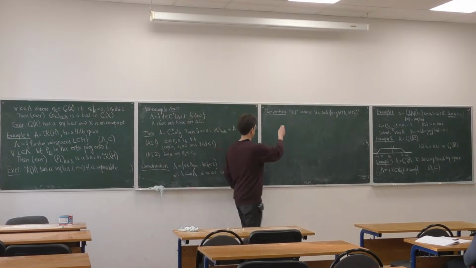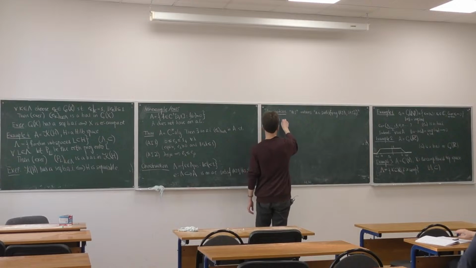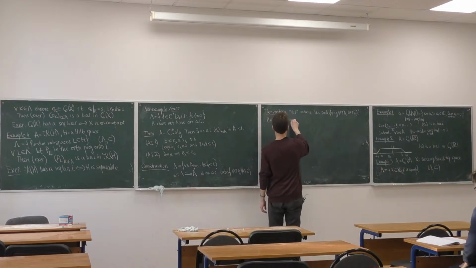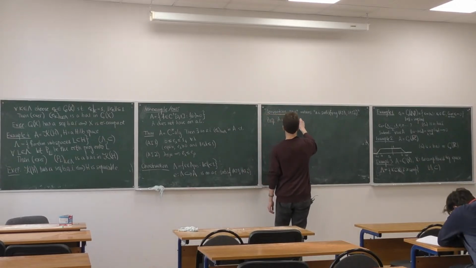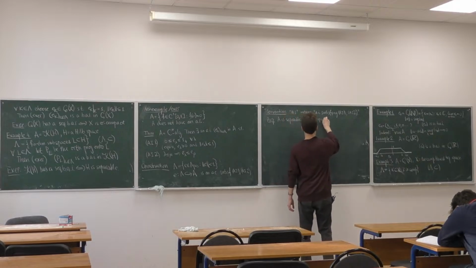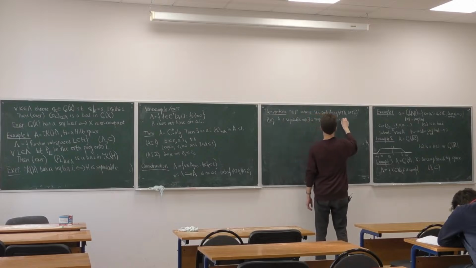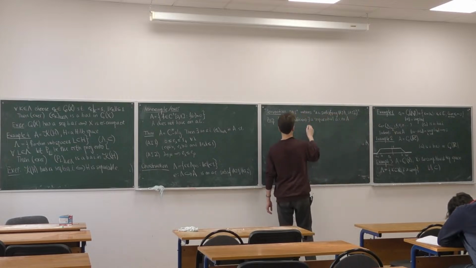And here is also a related result, a proposition: if A is separable, then we can always find a sequential approximate identity. And in fact, the converse is also true.